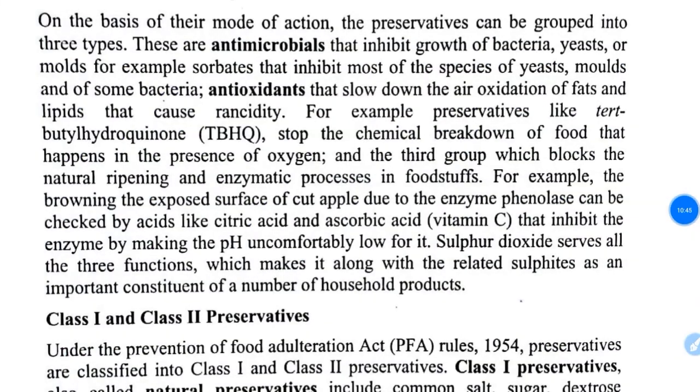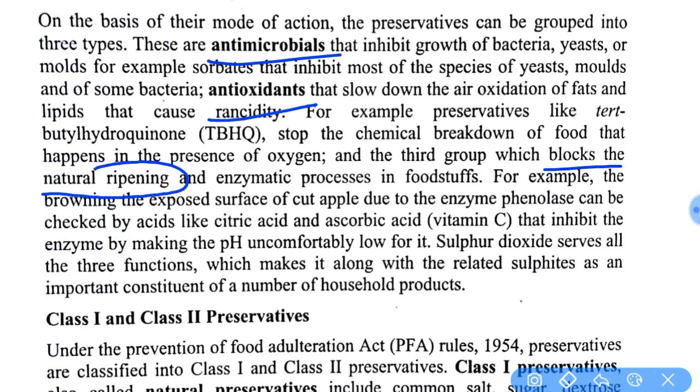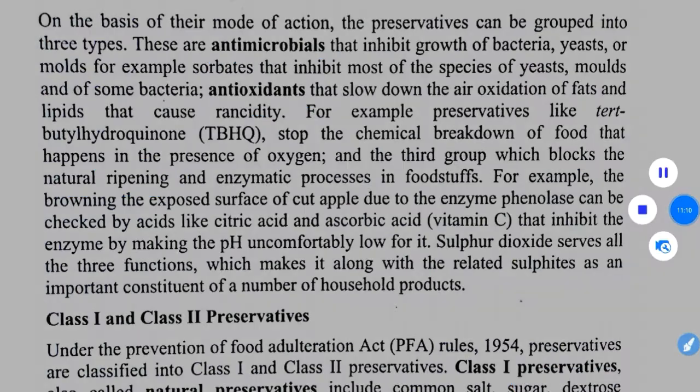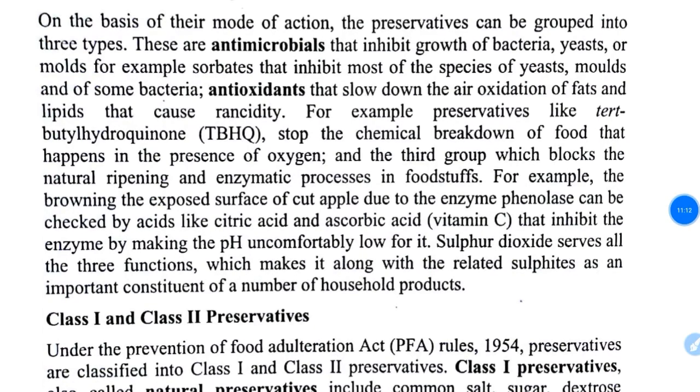On the basis of the mode of action, the preservatives are grouped into how many types? Three types: antimicrobials, antioxidants, and one more, which is the additives that block the natural ripening enzymes. Antimicrobials, we know, inhibit the growth of bacteria, yeasts, and molds, like sorbates do.